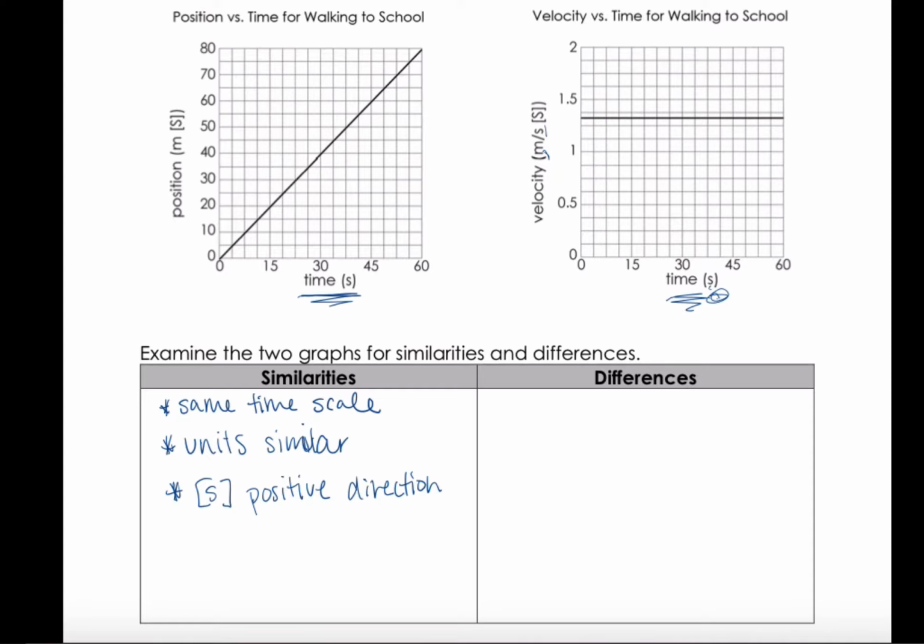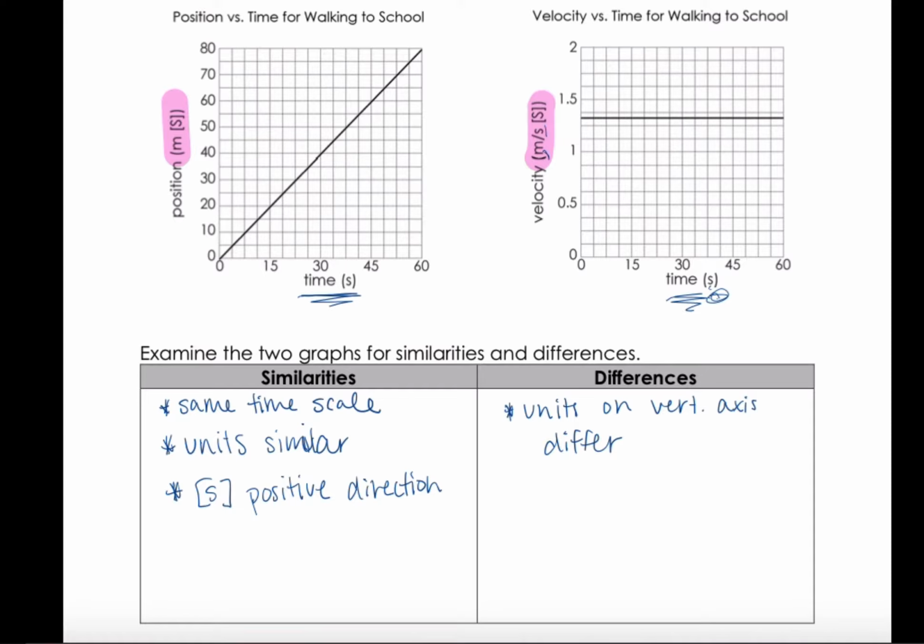Looking at the differences, the units on the vertical axis differ. We have meters for position, and then meters per second on the velocity versus time graph.